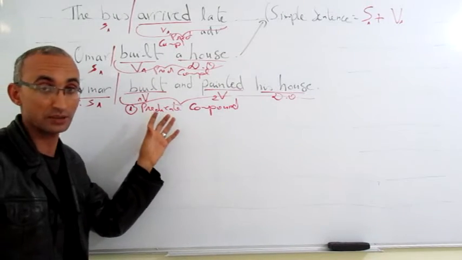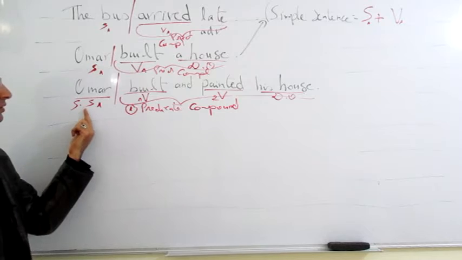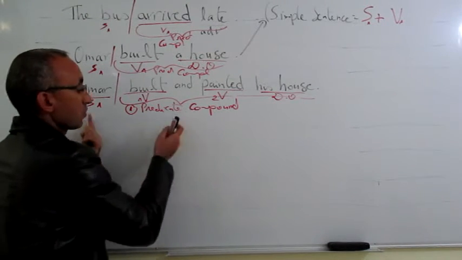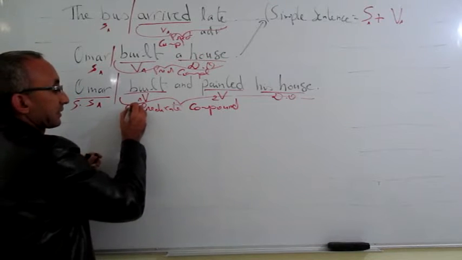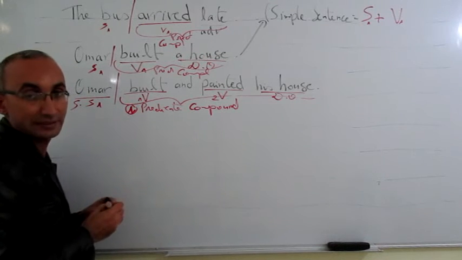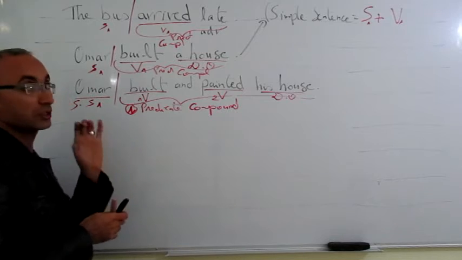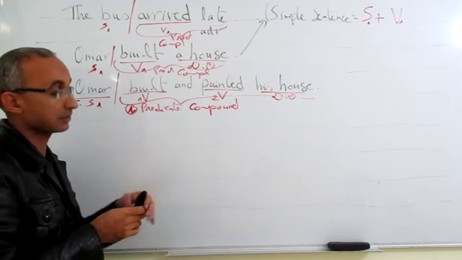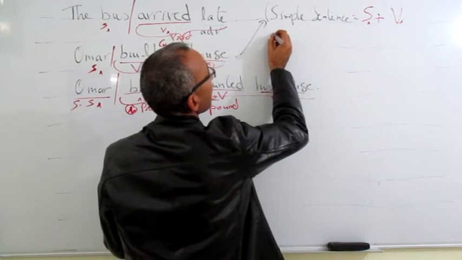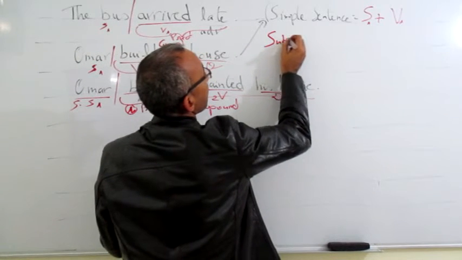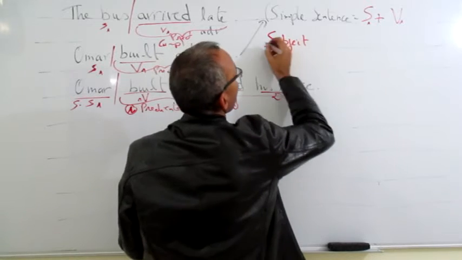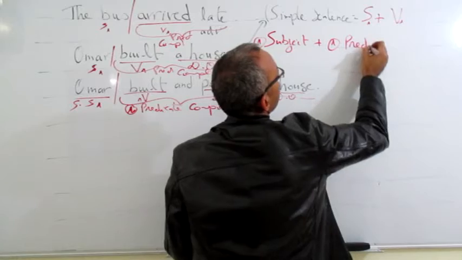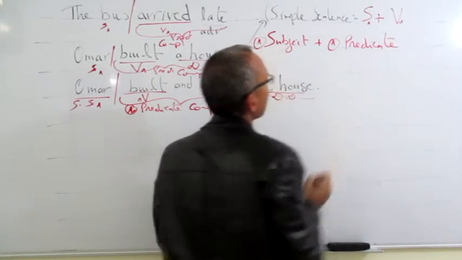Why? Because we have always one subject and we have one predicate. It means what? The correct structure of the simple sentence is when you have one subject plus one predicate.